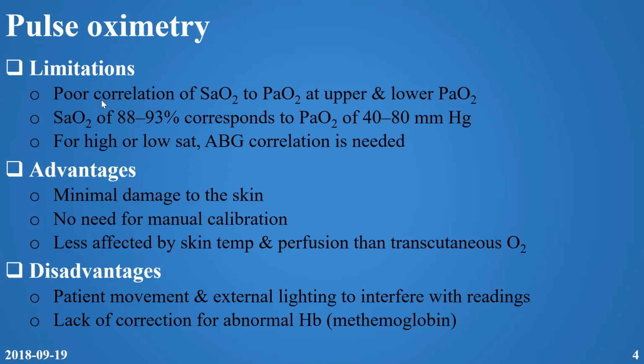Because the saturation on pulse oximetry measures a percentage from 0 to 100, when it is high or low, it becomes less accurate. It is exactly like when you bring a scale to measure fruits or vegetables, and if that scale measures from 0 to 200, the best value for it is 100.